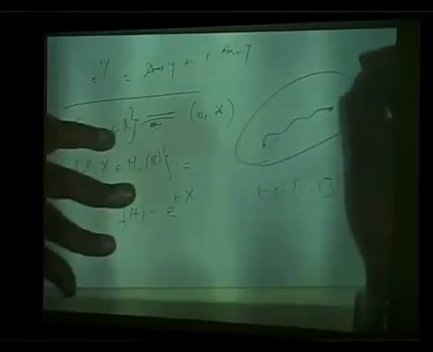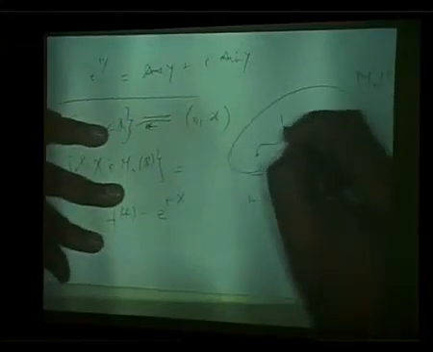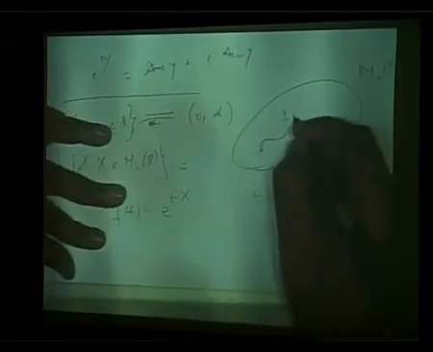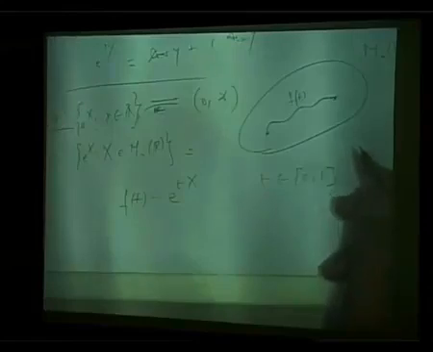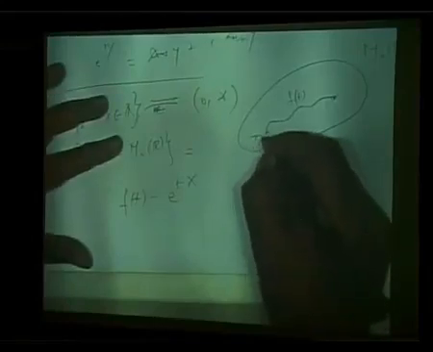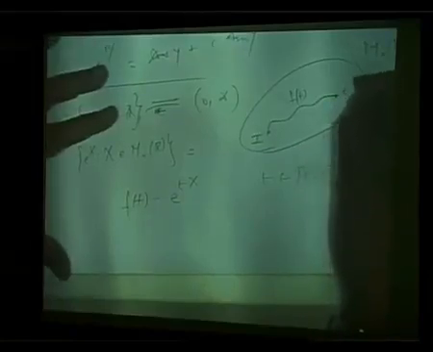Here is the collection of all matrices, and inside it I have this curve f. What is f of 0? f of 0 is the identity matrix. And f of 1 is the matrix e power x.